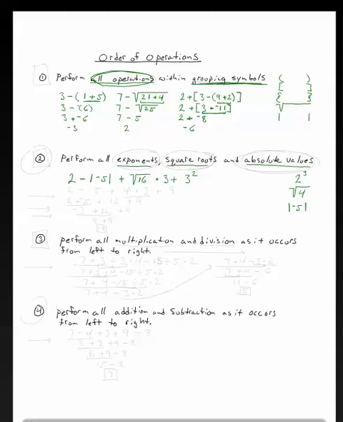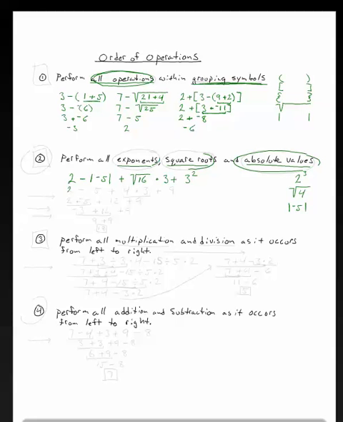So there's no operations contained inside grouping symbols in this expression, but there are some exponents, square roots, and absolute values that we need to evaluate. And we want to evaluate them all. We don't want to leave step 2 until we've gotten rid of all the exponents, square roots, and absolute values.